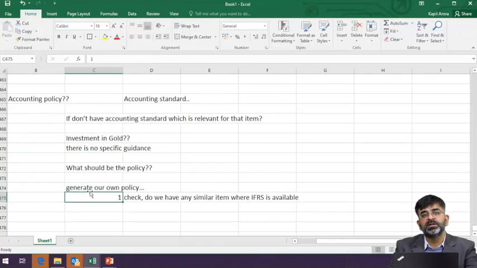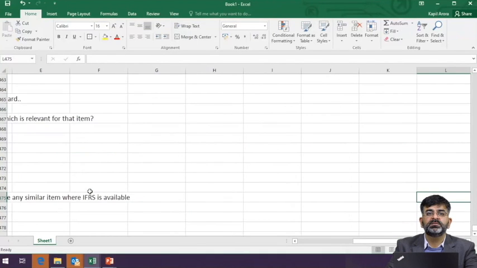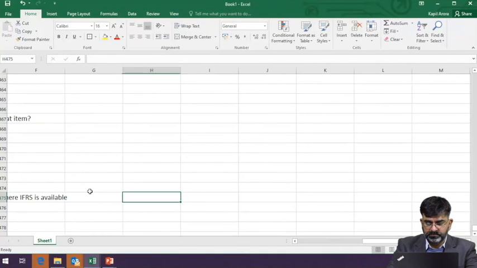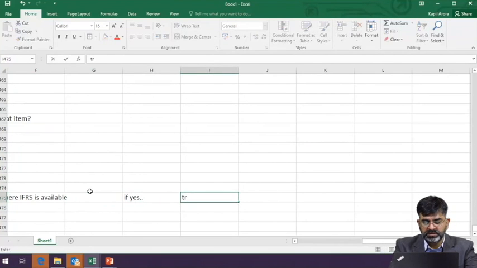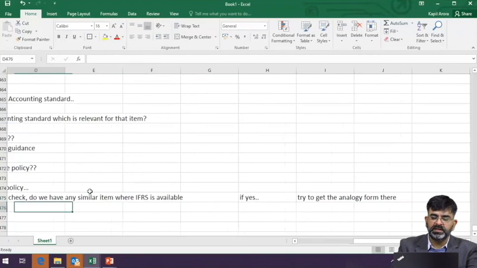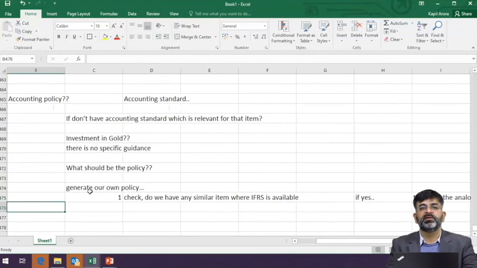Or can we have a similar IFRS which talks about this? If yes, try to get the analogy from there, if a similar IFRS is available.